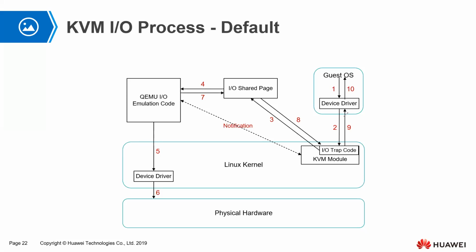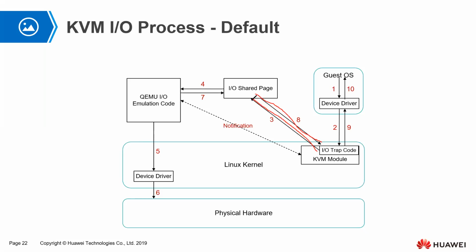All right. So we have our disk here, which wants to make an input or output request. The disk sends the request, and the trap code, or the capture program in the KVM module, captures the input output operation request, performs the corresponding processing, then puts the processed request into the input and output shared page at step 3.